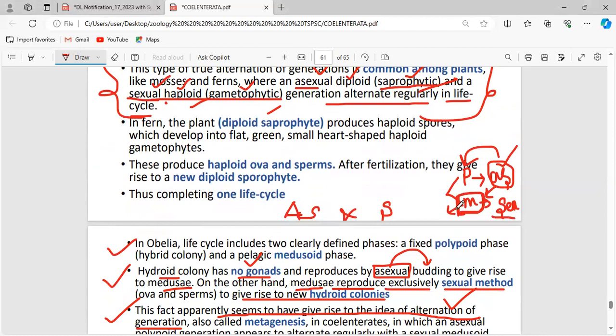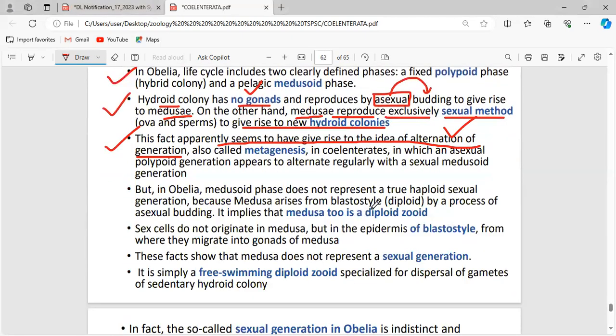But here, the end product of asexual reproduction is the medusa, and this medusa is the one going to perform the sexual reproduction. That is why it comes under alternation of generation. So it is also called metagenesis, in coelenterates, in which an asexual polypoid generation appears to alternate regularly with the sexual medusoid generation.